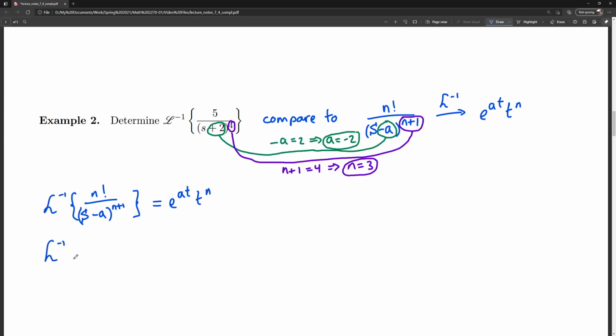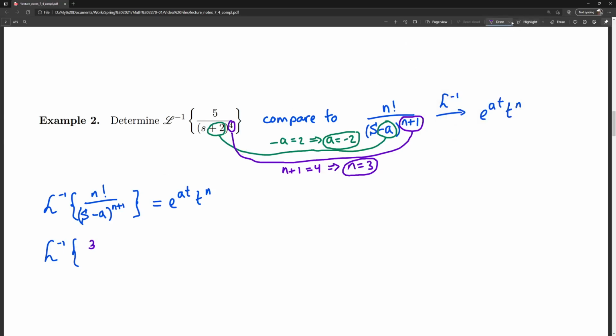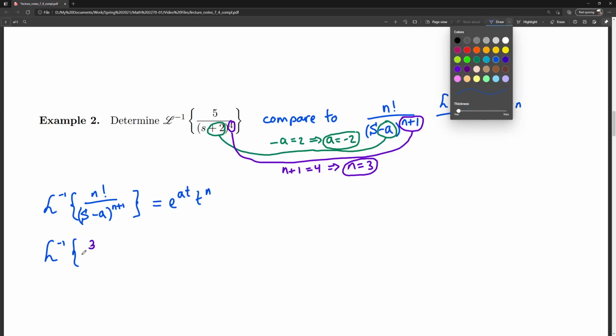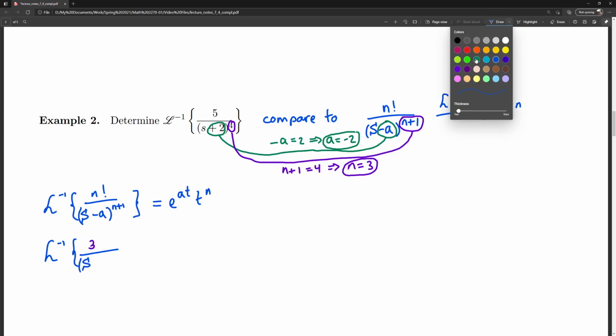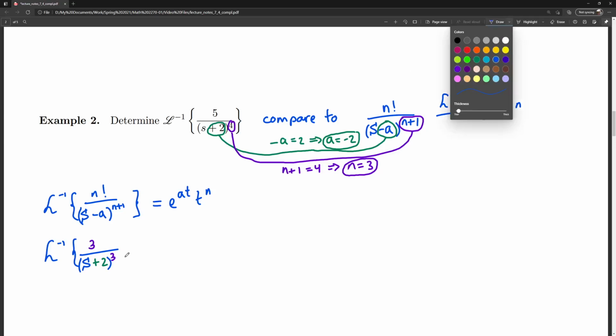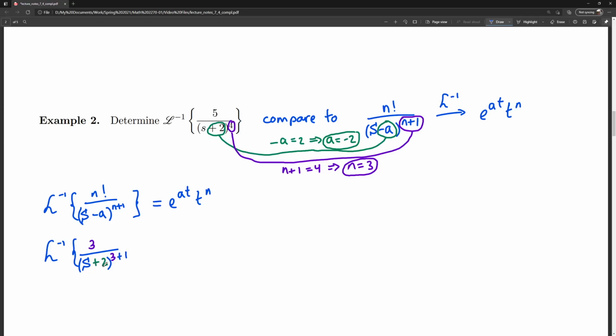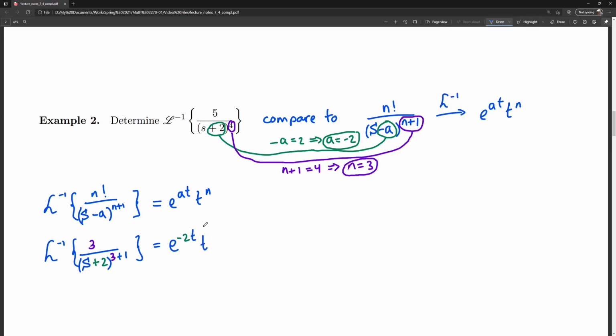In particular, the Laplace inverse of 3 factorial over s plus 2 to the power 3 plus 1, and I guess I should write minus 2 here, that Laplace transform is e to the power a, which we found to be negative 2t, and then t to the power n, that's 3.